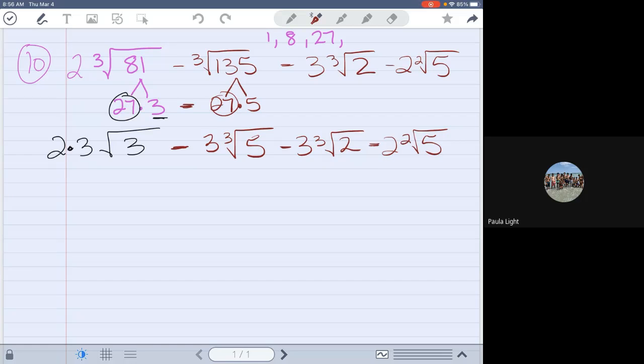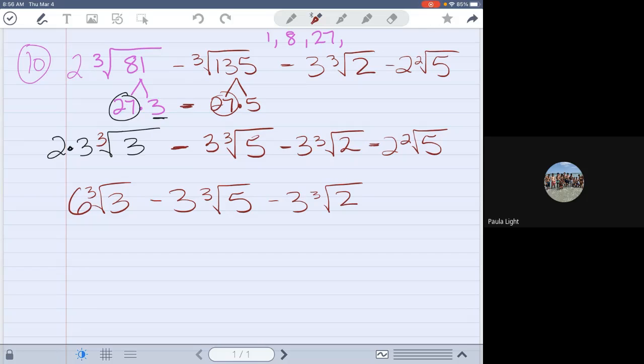Now, this is going to be a 6 cubic root of 3, minus 3 cubic root of 5, minus 3 cubic root of 2, minus 2 square root of 5. They have a misprint.